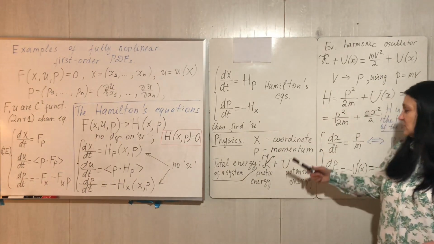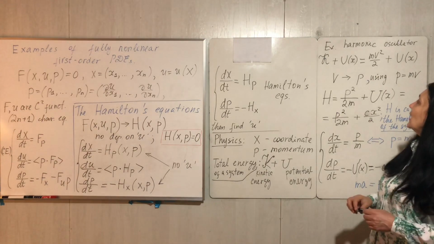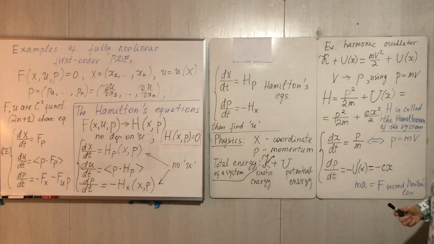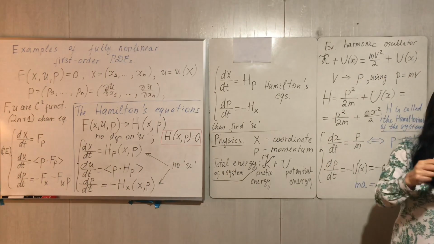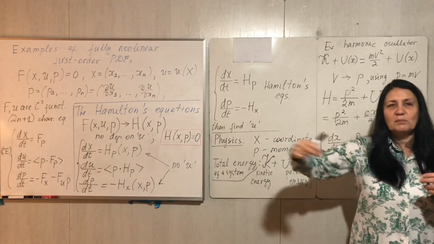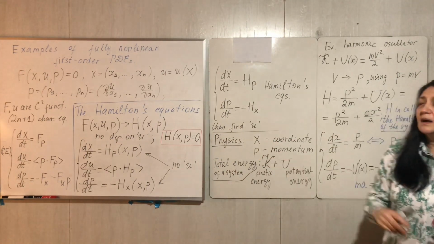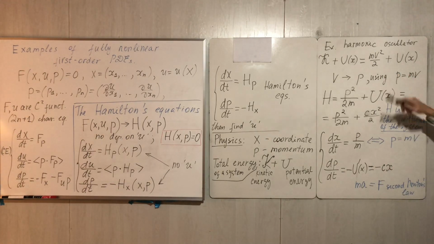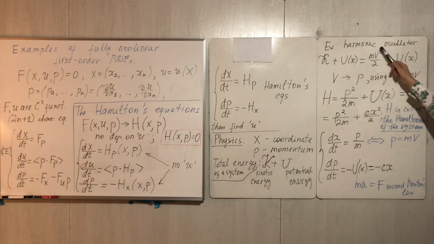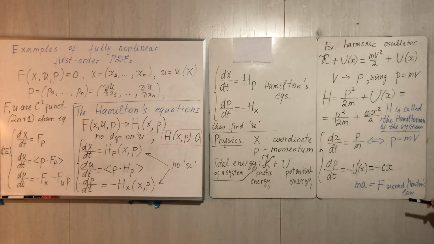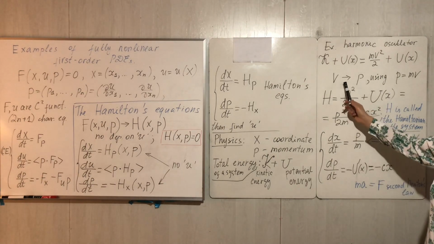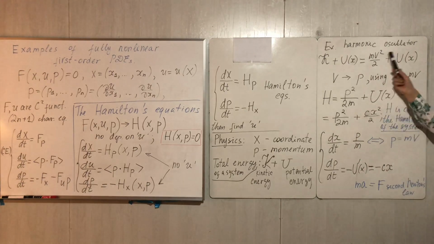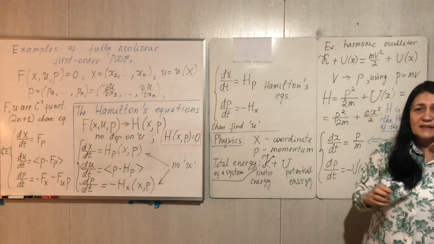If we write kinetic energy and potential energy, for instance, if we have a simple harmonic oscillator, right? If you have a spring and some mass, you pull the mass and you have oscillations, right? Here is kinetic energy. Keep in mind this example. Here is potential energy, and then if we replace velocity v with p.